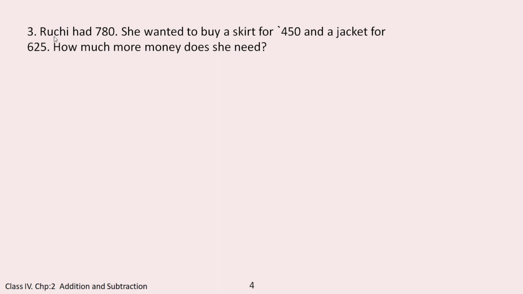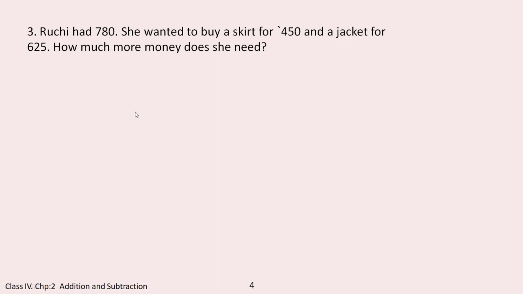Now, imagine that you are Ruchi and you have 780 rupees and you want to buy a skirt for 450 and a jacket for 625. So this is the information you have, and they ask us how much more money does she need. See, from this statement only I can make out that she would need some more money because it's written: how much more money does she need.